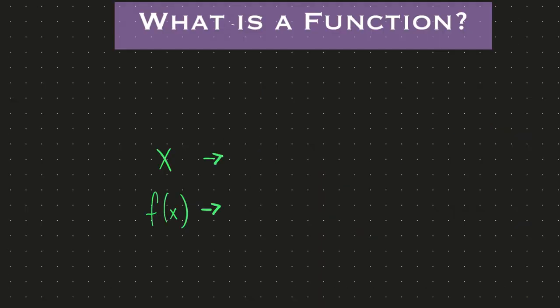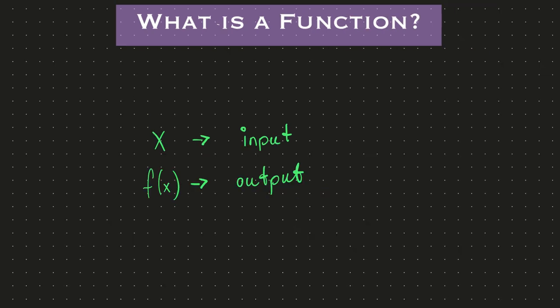Remember that x is the input, and then f of x is the output, meaning the result. In our previous examples, we talked about y, right? y being the output. So f of x is another way of writing the y.